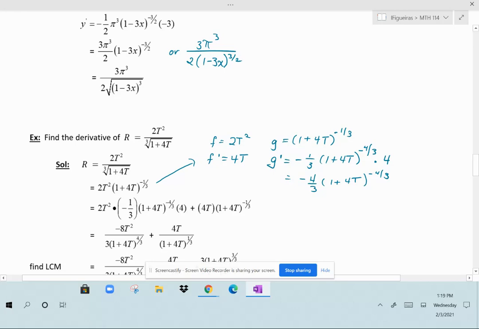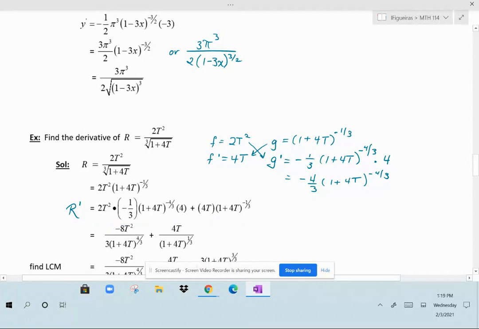Okay, so this information is now on this line. So from this point forward, this is r prime. So we get f g prime plus g f prime, because with product rule it doesn't matter which order. So that's what we get here.